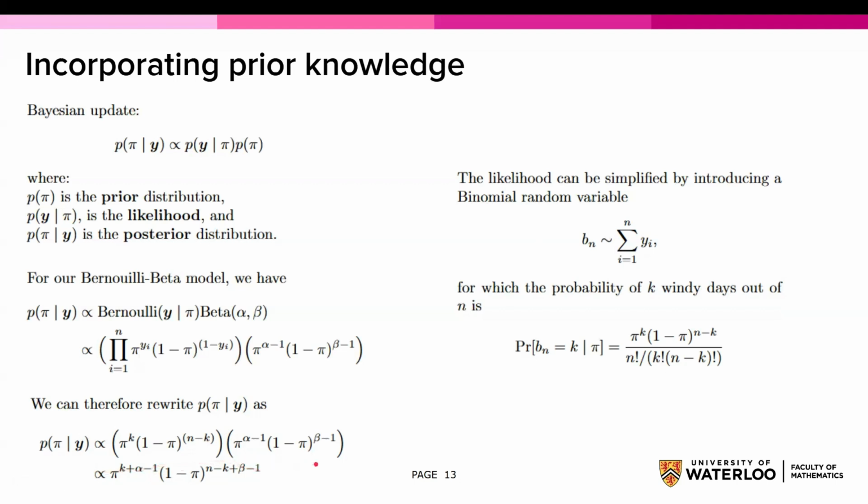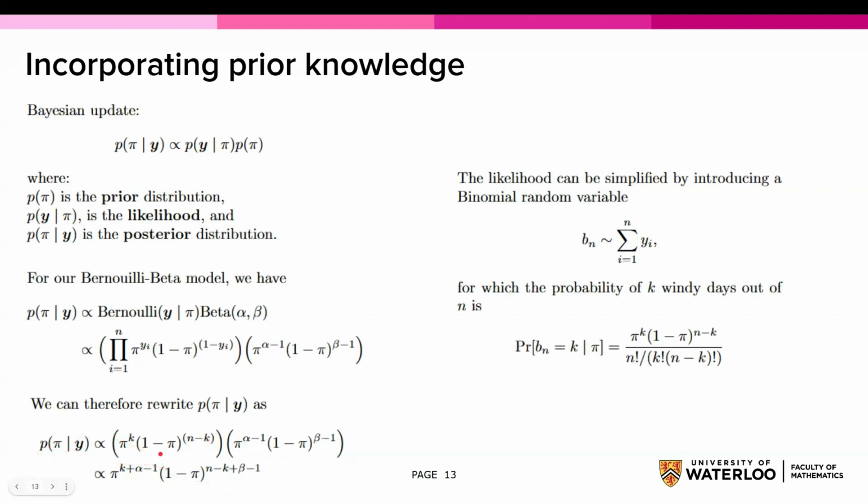So a couple things to note, because we're dealing with a Bernoulli random variable and using a beta prior distribution, the resulting posterior distribution is also going to have a beta form. So this is because the beta distribution is what's known as conjugate to the Bernoulli. And what this means is that the product of the likelihood and the prior is another beta distribution.